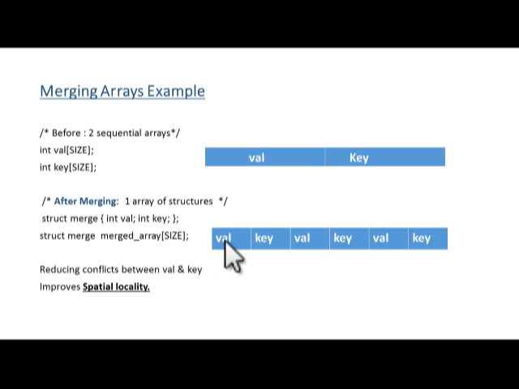First one val element gets stored, after that one key element, and after that one val, and after that one key element, and so on. Here, in the program, val and key are accessed simultaneously. By changing the layout, in short by merging these two arrays, we improve the spatial locality. Here we also reduce the conflicts between val and key. In this way, merging of arrays helps to reduce the miss rate.